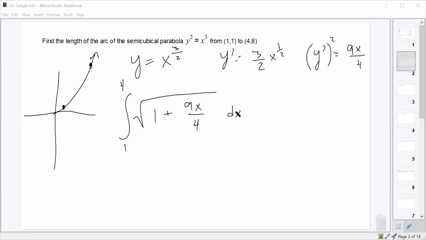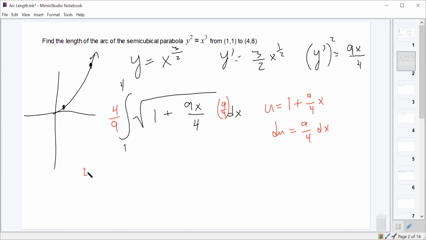And how would we solve this integral? Yep, should be a u sub. What's the u sub that we'll use for it? U equals everything inside that square root. So 1 plus 9/4 x. So du will be 9/4 dx. So we'll put in 4/9 outside, and we'll put a 9/4 right there.